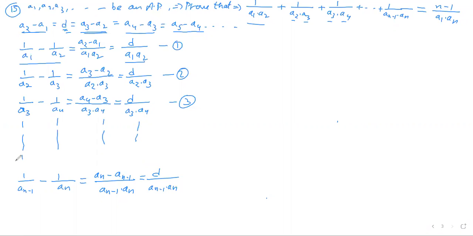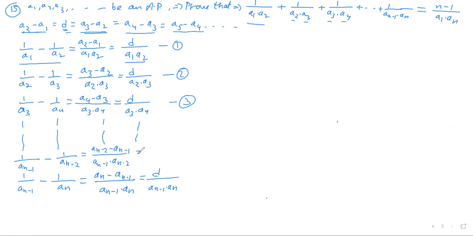If we write one more, the reciprocal of the third last, an minus 2, minus the second last, an minus 1, the denominator is an minus 2 into an minus 1, and the numerator an minus 1 minus an minus 2 is again d.